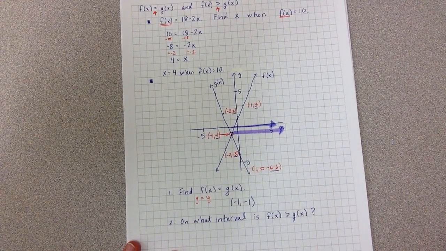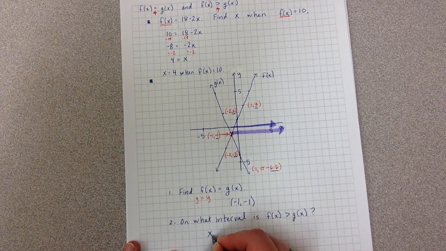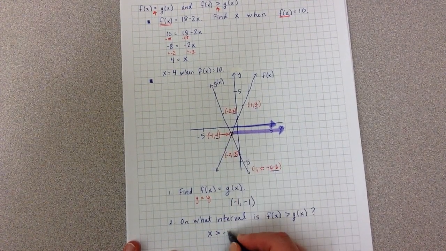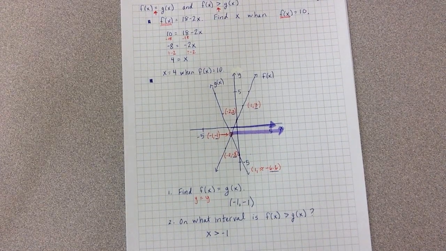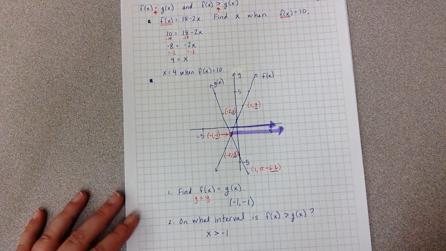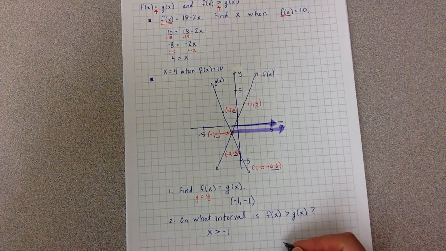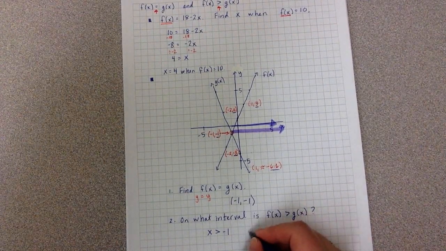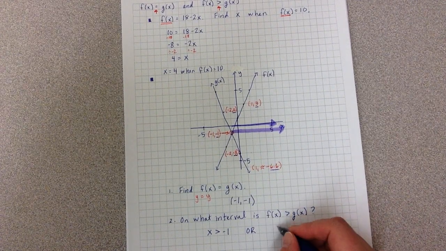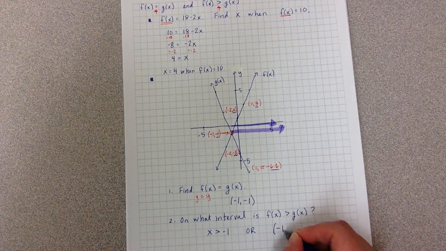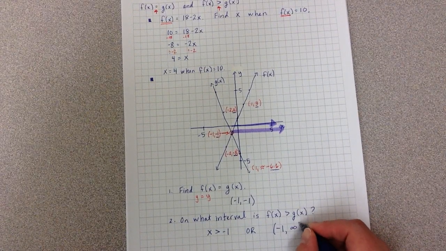And so now I look at those x values and I say, well, I have x values that are greater than, starting at -1 and getting bigger. So my interval in which I have f of x greater than g of x is x greater than -1. You could also write that answer as from -1 to infinity.